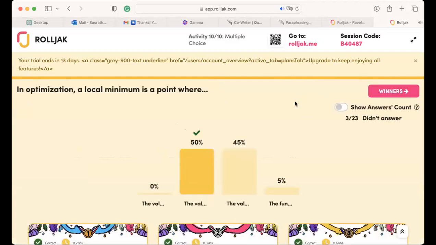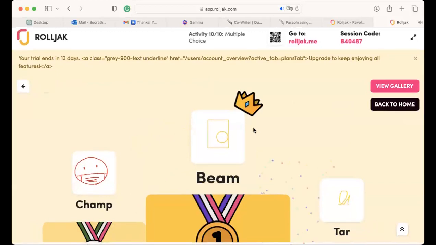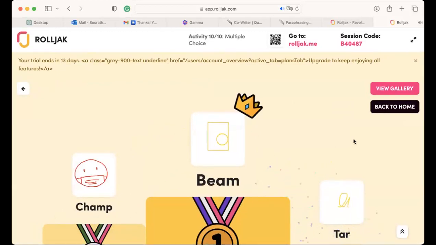Okay, so the last one, in optimization, a local minimum is a point where the value of the function is lower than that of nearby points, okay, but not necessarily the lowest. And the winners, Beam, Cham, and Ta. Yeah. Okay, you will get your prize next week, okay?